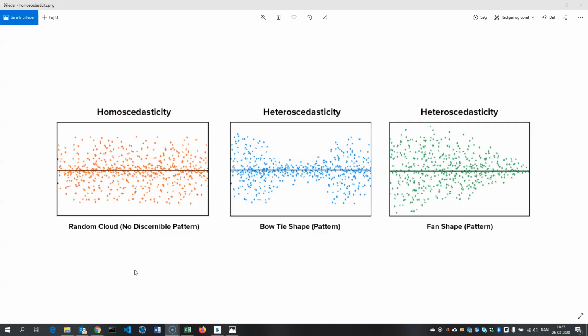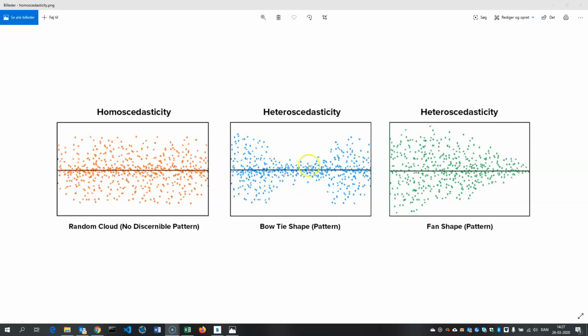Just a minute. So here we see an example of residuals that are homoscedastic. They distribute themselves randomly around this line here, the x-axis. There's no pattern, whereas in these two cases we can clearly see that we have numerically larger residuals over here than we have in the middle.